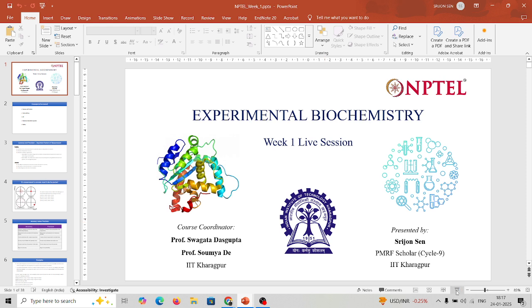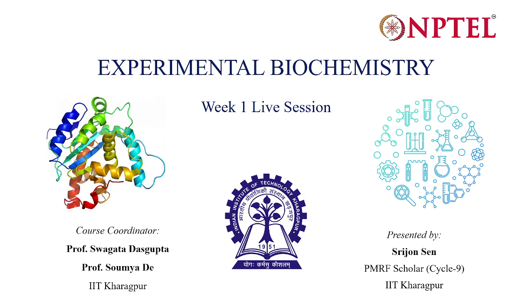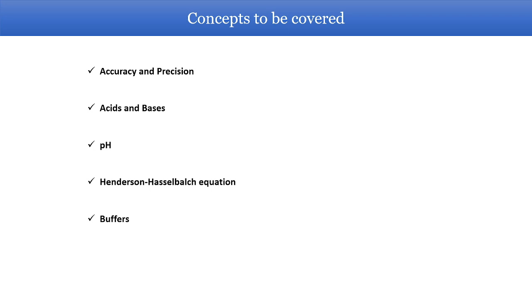What we will be talking about today is, firstly, accuracy and precision on a very general basis. I guess all of you know it, but I would just touch on it and try to solve a few questions and answers so that you have an even better understanding.